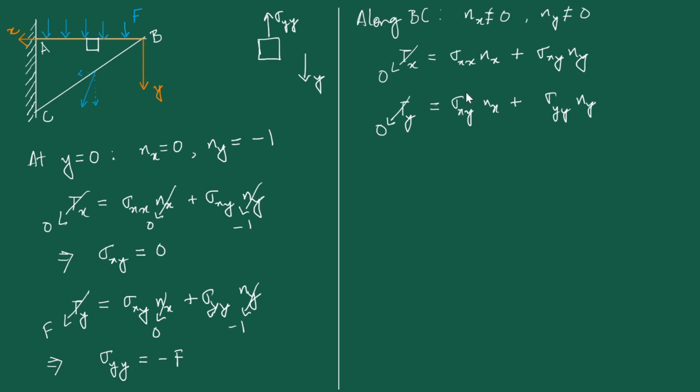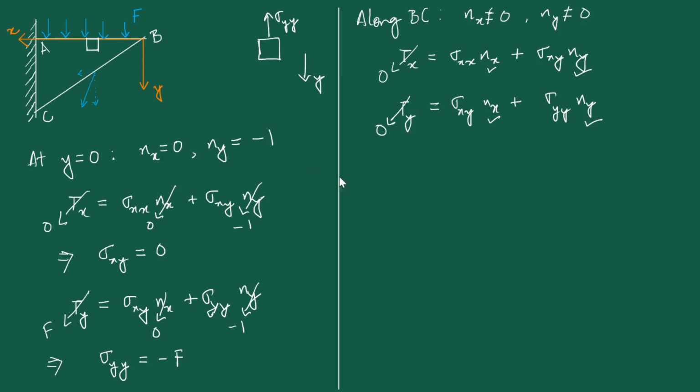One thing good here is that we do know the nx value and we do know the ny value. There will be some finite values depending on what angles are specified here, the angle ACB or the angle ABC. Something will be specified there, or the length will be specified, so we know the values.